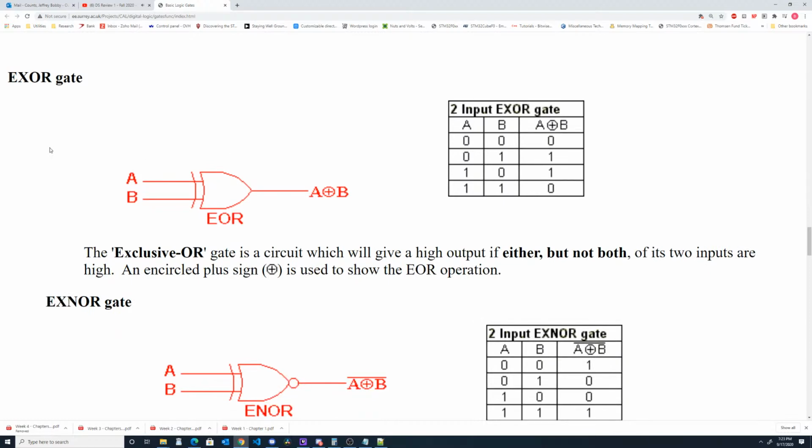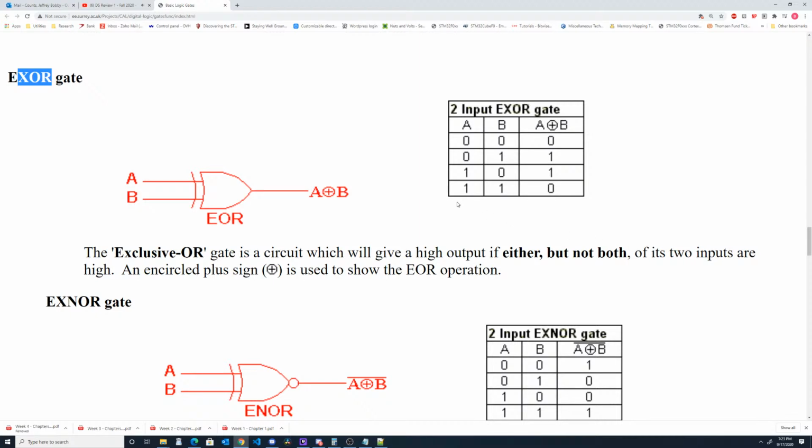We have the exclusive OR gate. For whatever reason on this website, they have this E right here, but we generally refer to it as an XOR without the E. Just keep that in mind. The symbols: ANDs are generally represented as a multiplication in Boolean algebra. XOR is generally represented by this circle with a plus in it.